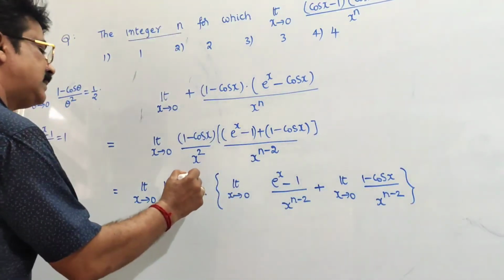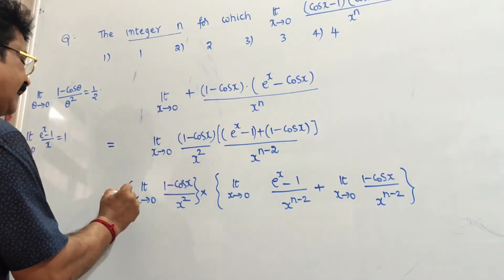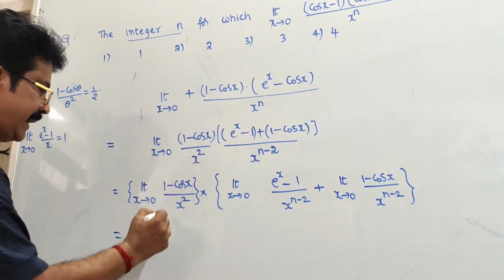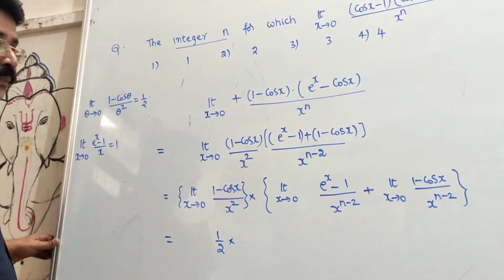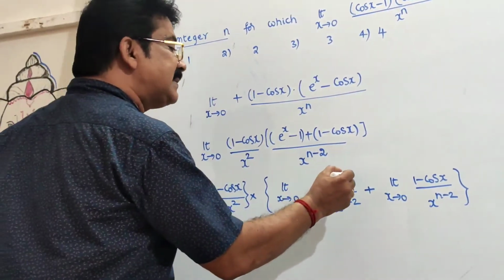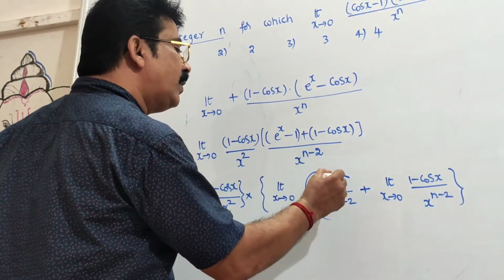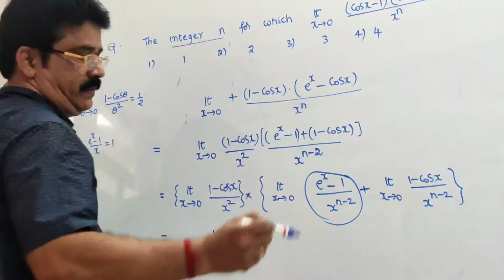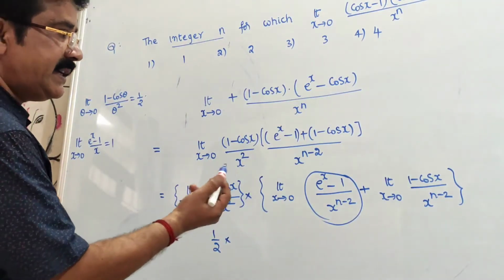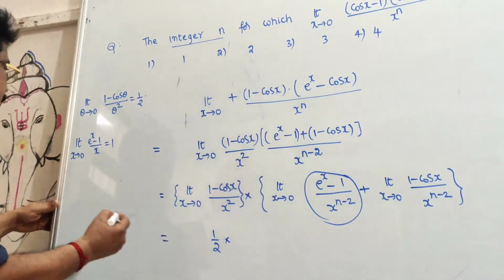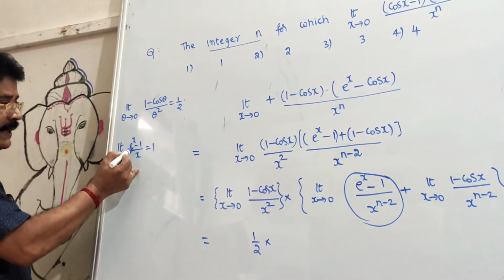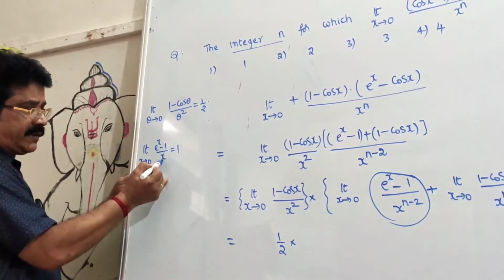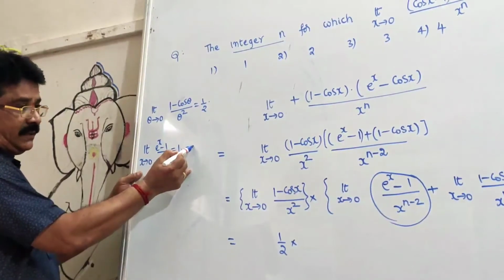Right. Okay, it is directly a finite value, 1 by 2 into, when does this limit value become a finite value? You come here, limit x tends to 0, (e^x minus 1) divided by x, then only it is 1.